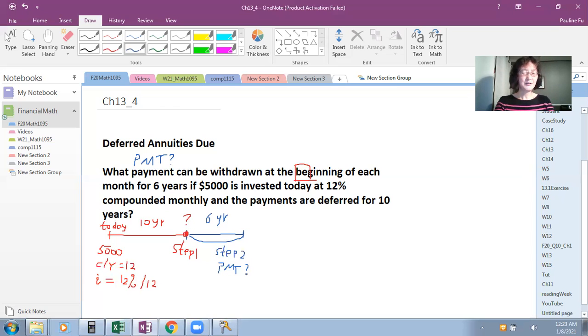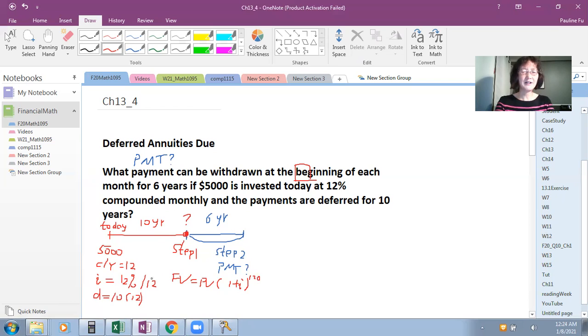So we can use formula to do step 1. Okay, the formula said FV equal to PV, that is 5,000, PV times 1 plus I raised to power N is D. Okay, so I'll write down here D is N. 10 year, 1 year has 12 months, so 120, that is D, 120.